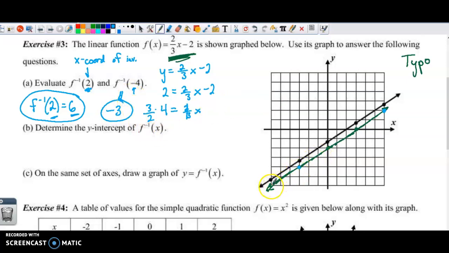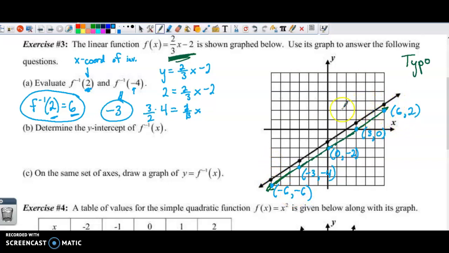Another thing you could do, once you have the correct graph and you plot all the points correctly, remember you could switch x and y around for all of these ordered pairs, and you could see what the graph of the inverse looks like. So I believe that's -6, -6.